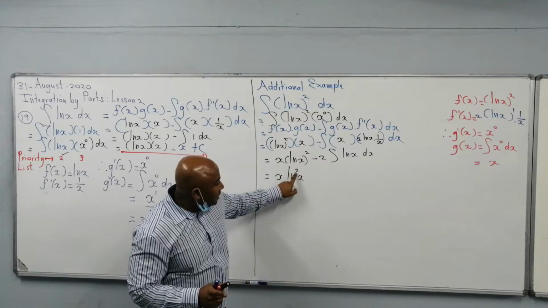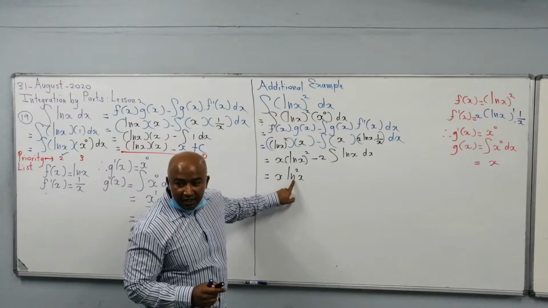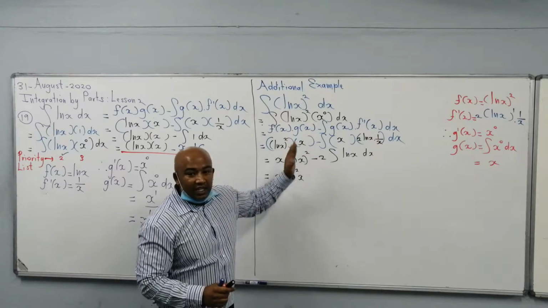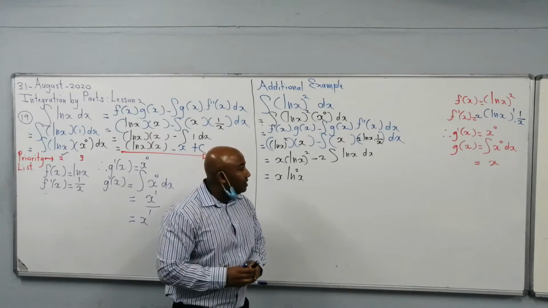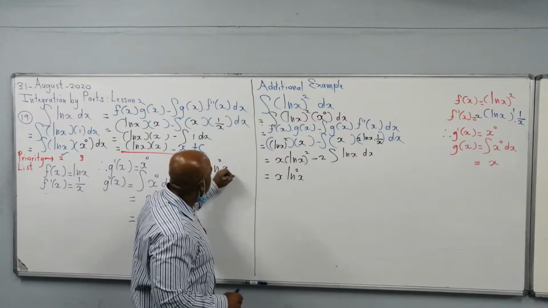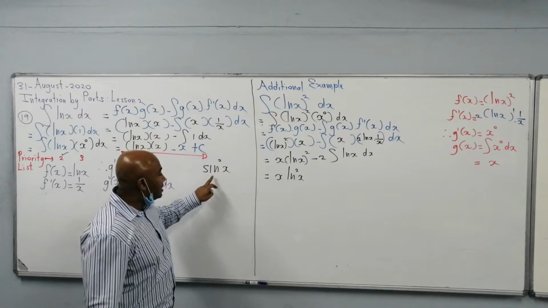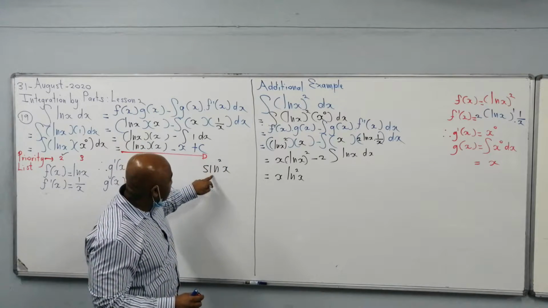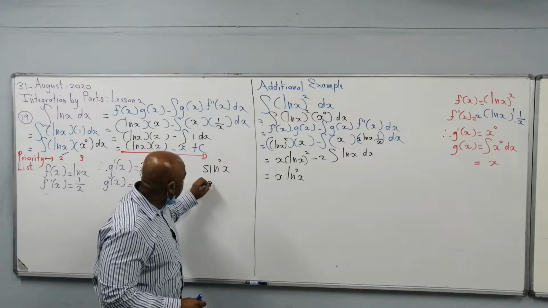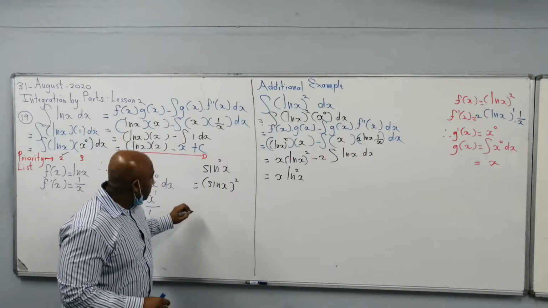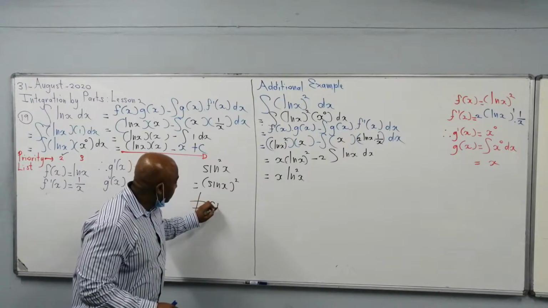It must go in between the letters ln and whatever function you have here, directly above, written as an exponent, just like you would write down sine squared x. This is sine squared x, or sine x all squared.